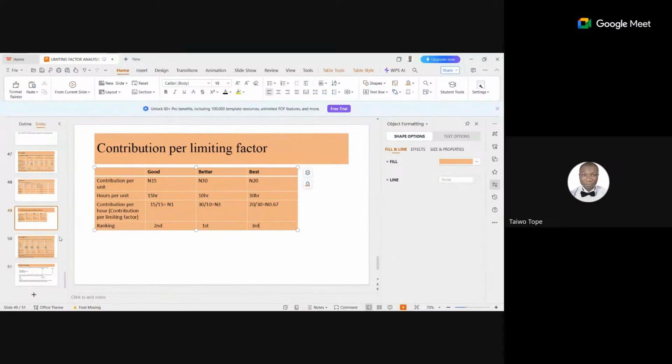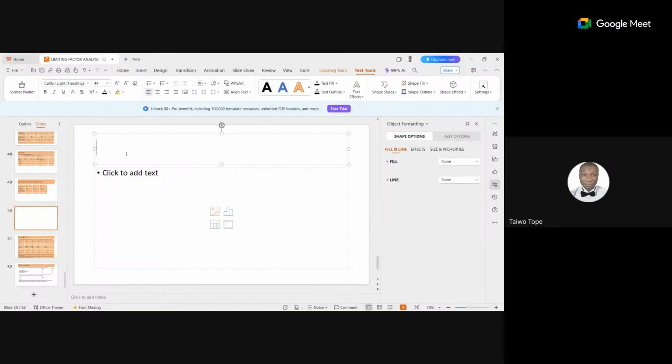So now, take note of this. The allocation of 20,000 labor hours is the next thing, because of the number of hours we have.